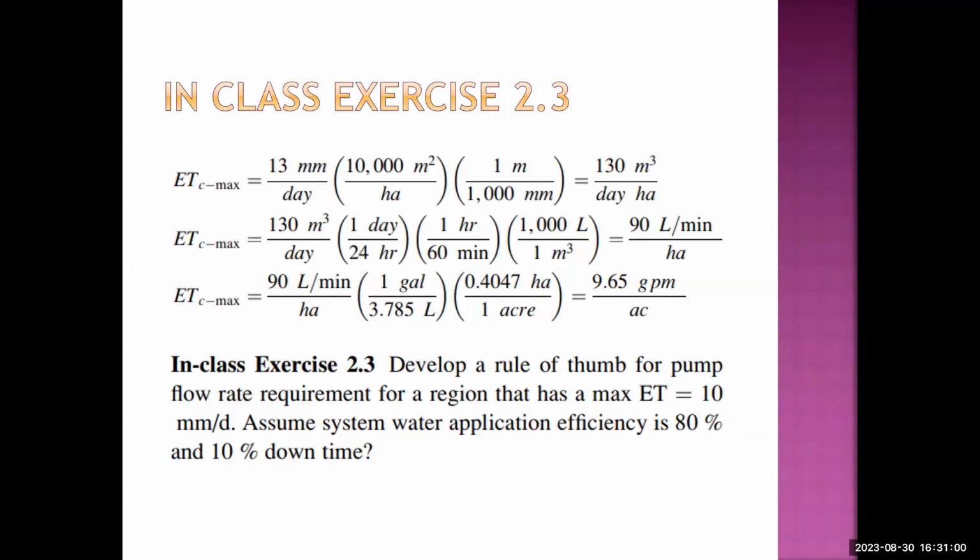Okay, did anybody come up with a rule of thumb? What would be the simplest way to do it? How about just multiply 9.65 times 10 over 13? Since I already did it for 13 here, what would that be?